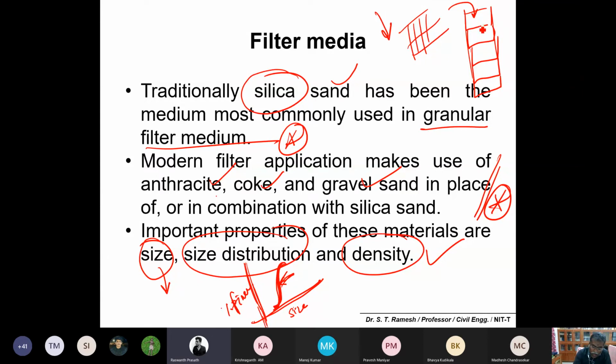There could be two different weights: particles retained on a particular sieve size, and particles passing. You take the weight on each individual sieve, and the particles retained on each and every sieve size. You measure and find out the percentage finer and plot a graph of size versus percentage finer.